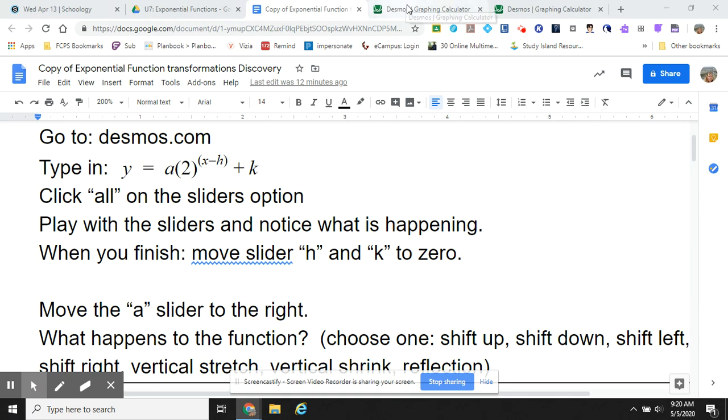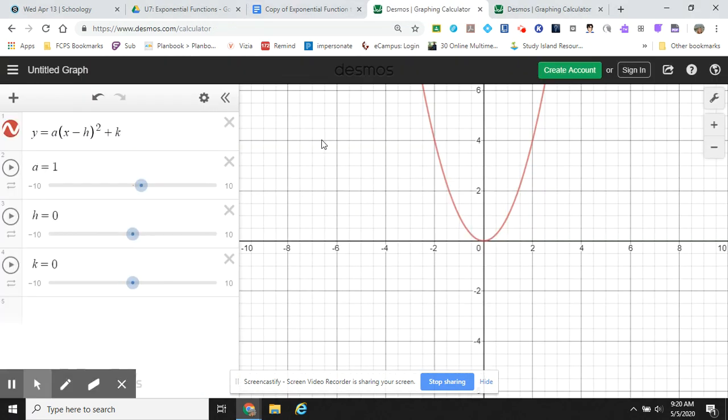If you recall, a couple of units ago, we did transformations of quadratics. So here's our parent function of a quadratic. And if you remember, we changed the a value, and when it was negative, it was reflection. When it was bigger, it made it a vertical shrink. When it's smaller, it makes it a vertical stretch.